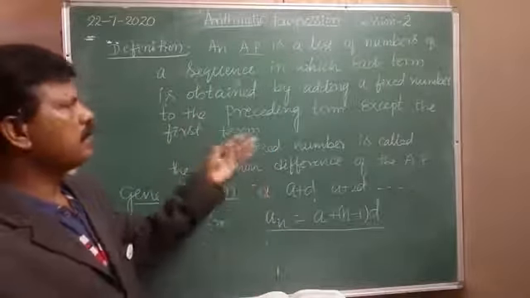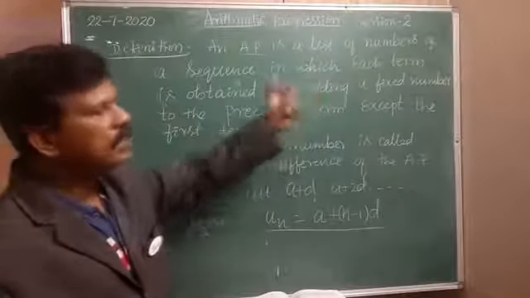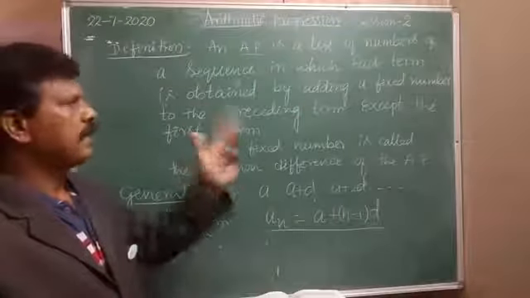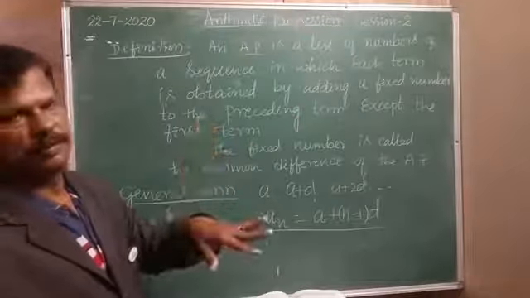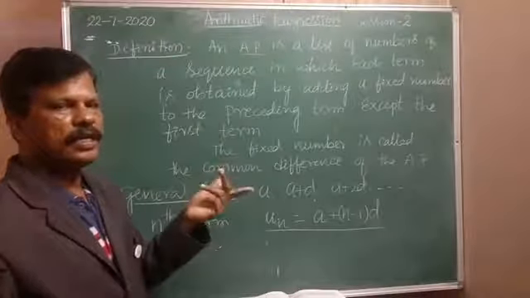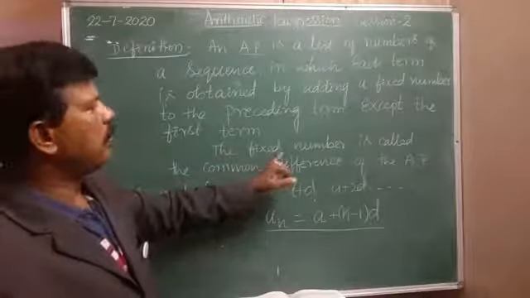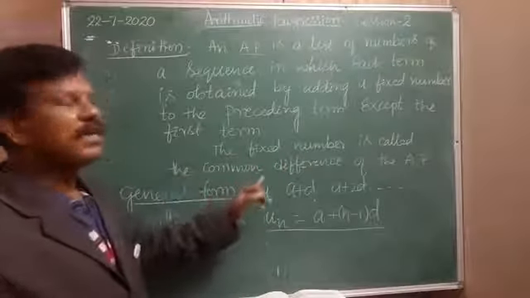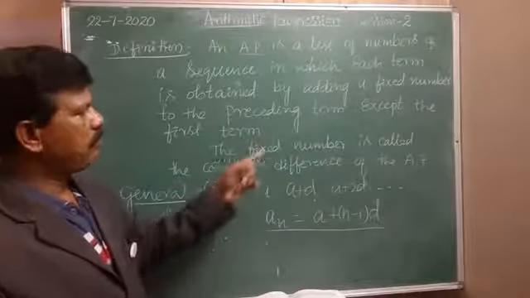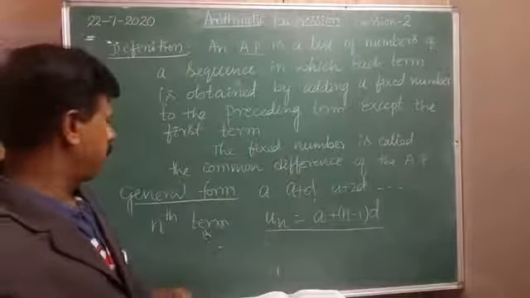When you subtract the first term from the second term, we will get the fixed number. Second from third, we will get the fixed number. So you can write the definition in two ways. The fixed number is called the common difference of the AP.